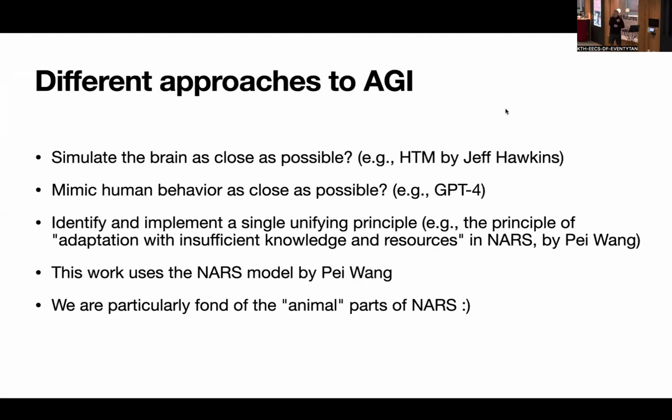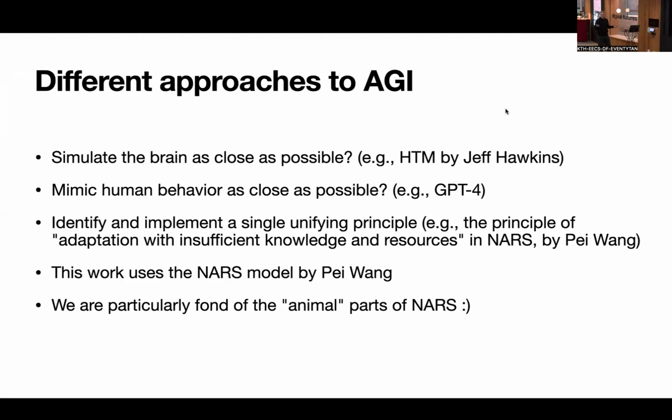So since it is such an extremely complex problem, there are multiple approaches to the problem. And one approach that many people are fond of is that the brain should be simulated as closely as possible. ChatGPT could be said to be a version of a path to AGI where we strive to mimic human behavior in conversation as closely as possible.